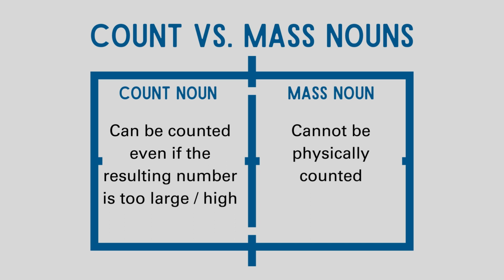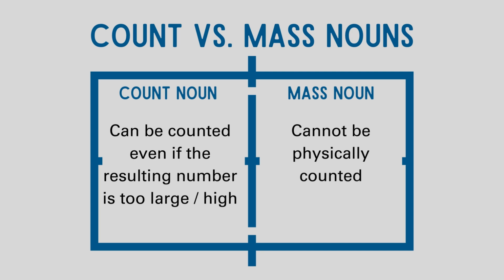The last classification is count and mass nouns. Count nouns, also known as countable nouns, refer to individual items or objects that can be counted as separate units. They have both singular and plural forms and can be used with numbers and quantifiers. Count nouns can be preceded by the articles a, an, or the, and they can be used also in the plural form without any article.